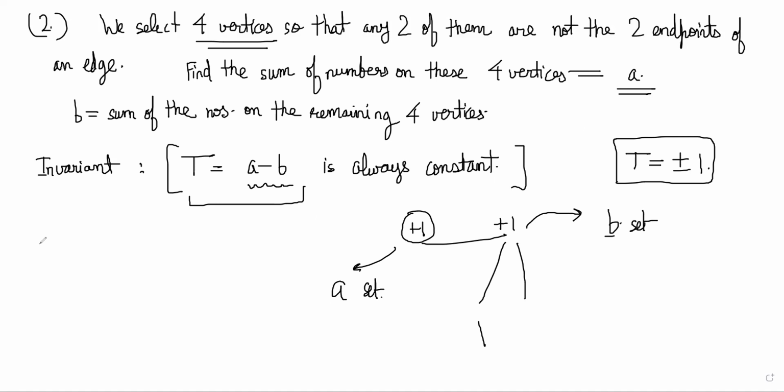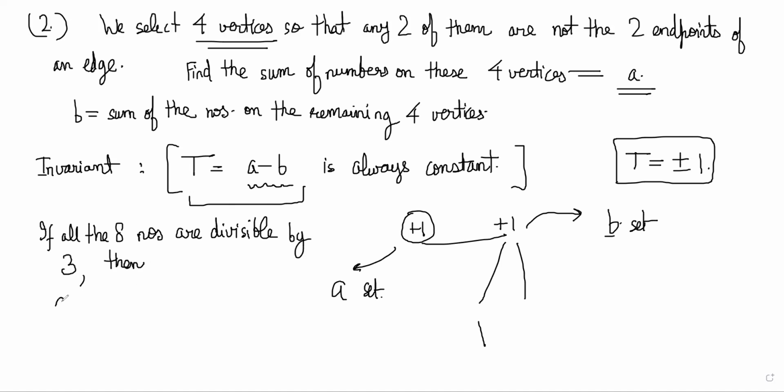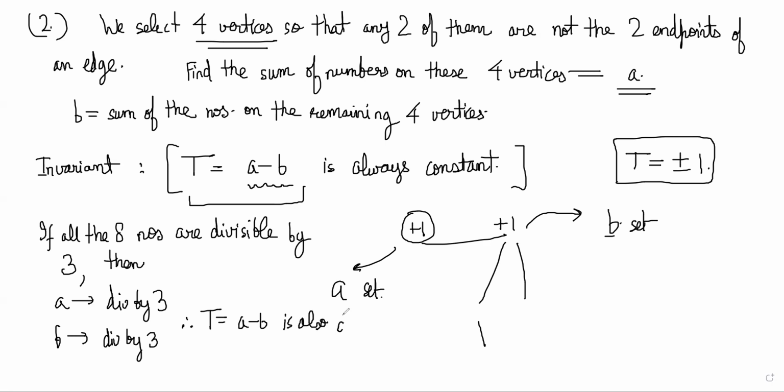Now think about it. If all the 8 numbers are divisible by 3, then A set will be divisible by 3 and B set will be divisible by 3, and therefore T, which is A minus B, is also divisible by 3, right?